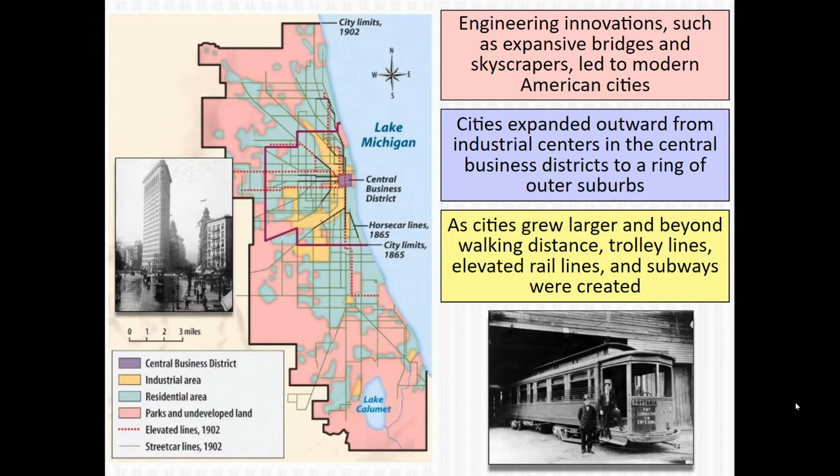On the left-hand side, you see a picture of a skyscraper, and at the bottom right-hand corner, you see a trolley. And trolley lines, as well as elevated rail lines, are going to help in major cities, including San Francisco. You can still go and ride the cable car, but also you can ride the F car, which is an example of an early rail line that was in these cities.